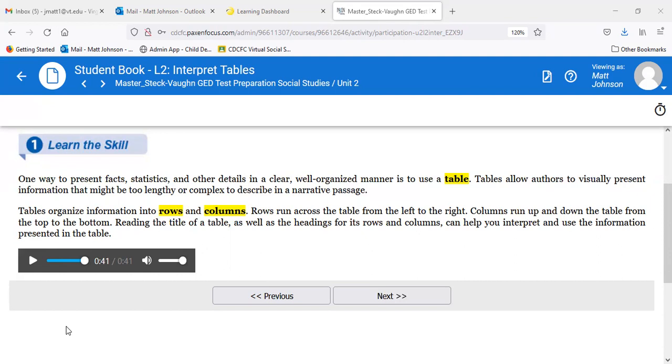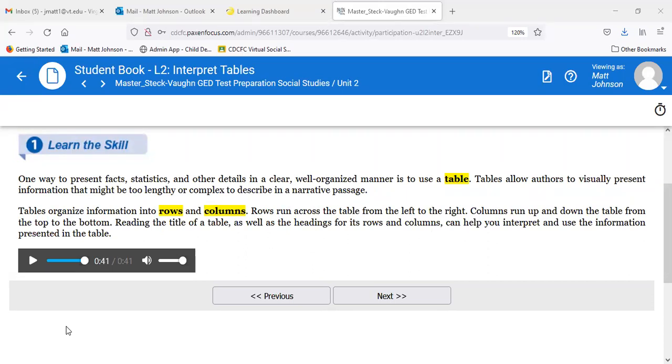Same kind of idea, we're going to be looking at some historical data and information that we apply to the table. And like it says here, it's a good way, just like a map, when you have a lot of information and it's not effective to put in a bunch of text to explain that information. You've got to find other ways to present it to your reader.